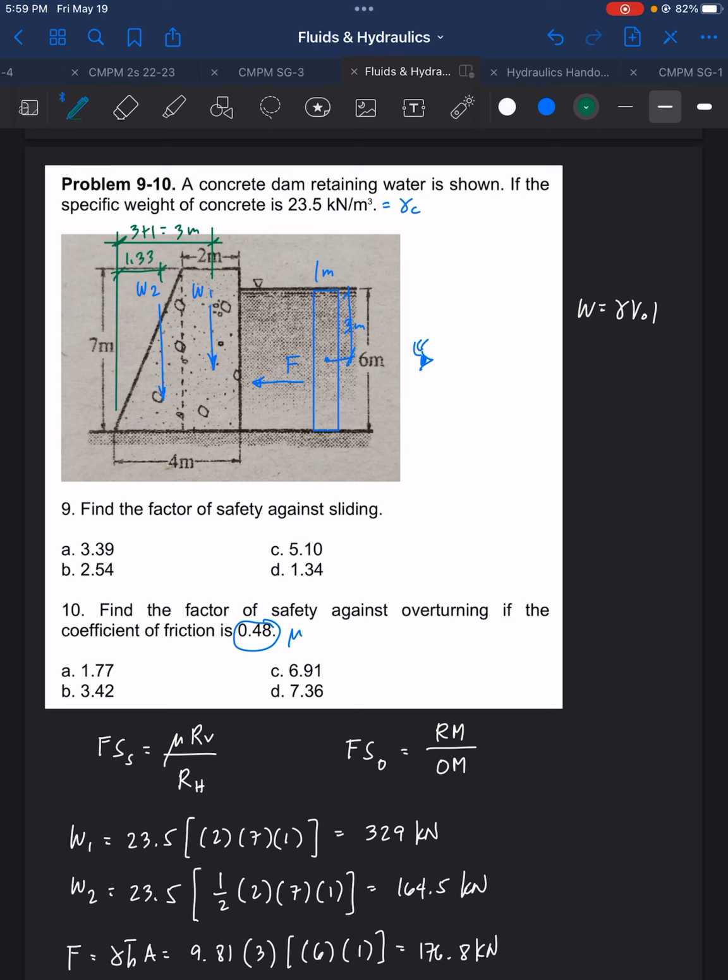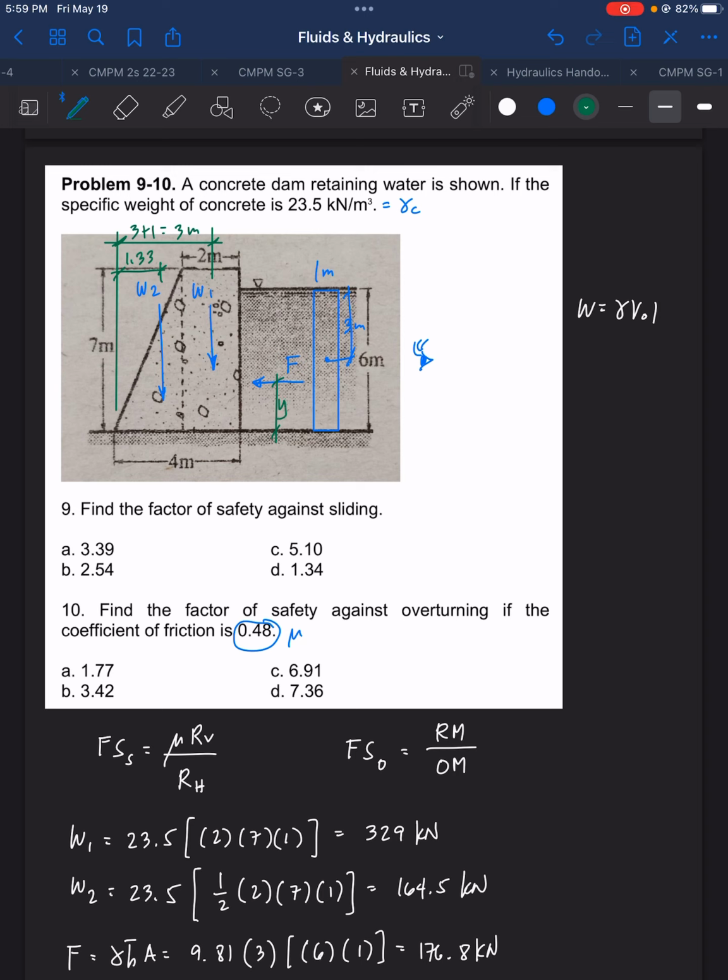So here we have 1.33. How about the force here? The force here is 1/3 of the total height. So 1/3 of the total height, that is 6 divided by 3.